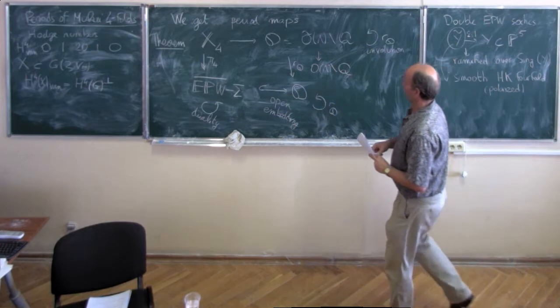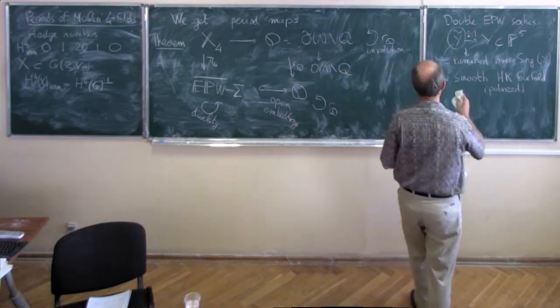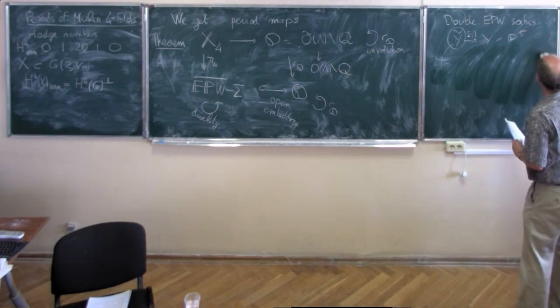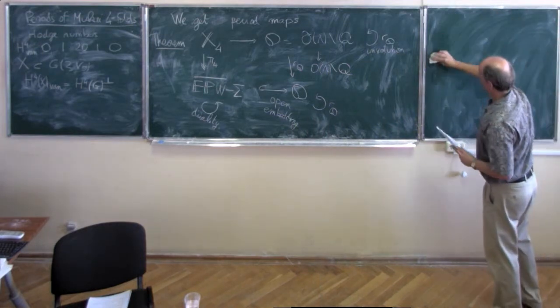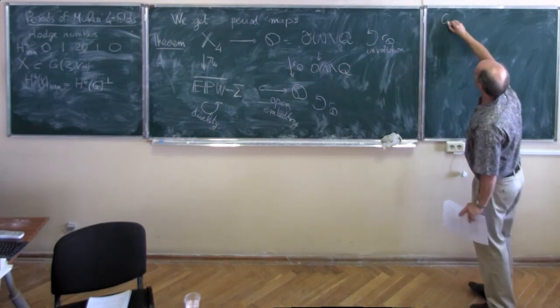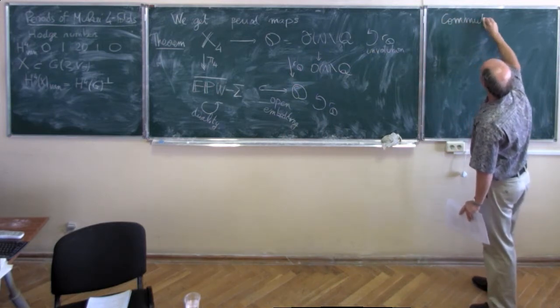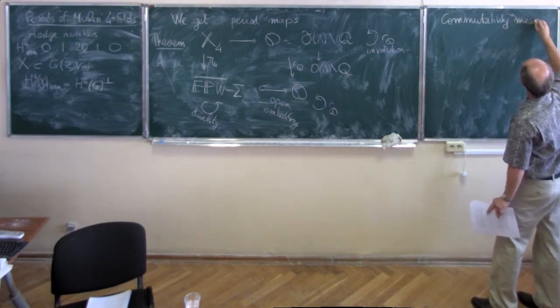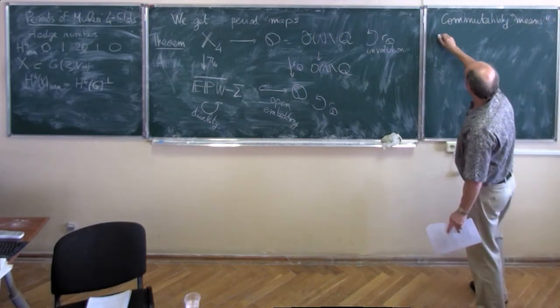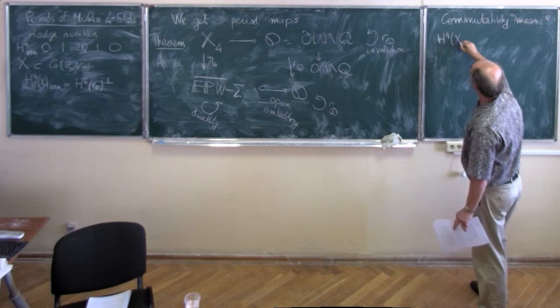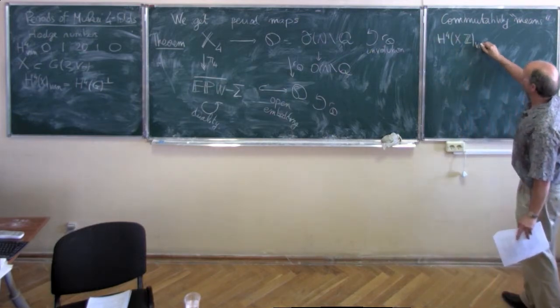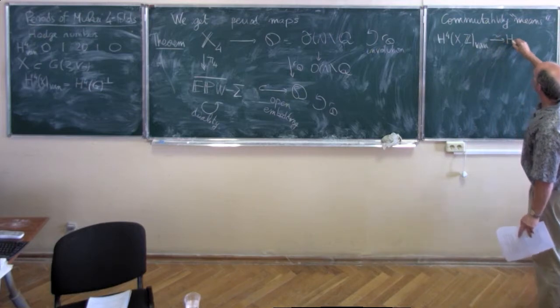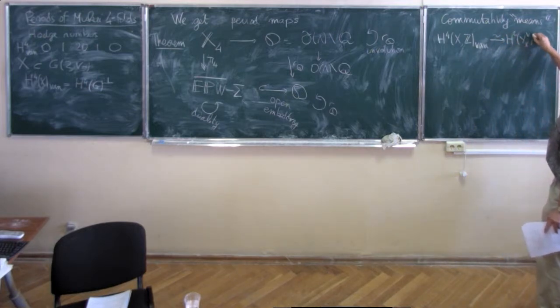So this commutation here corresponds to an isomorphism between. So commutativity means, maybe in quotes here. Anyway, what we are really going to prove is that there's this isomorphism. Here's the primitive part.